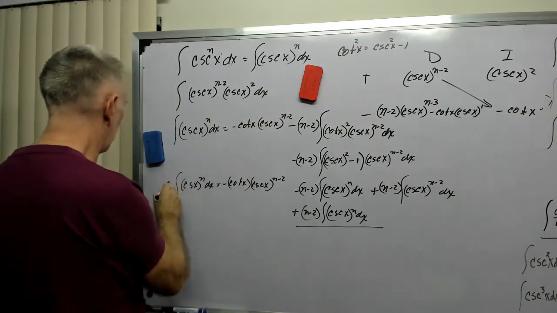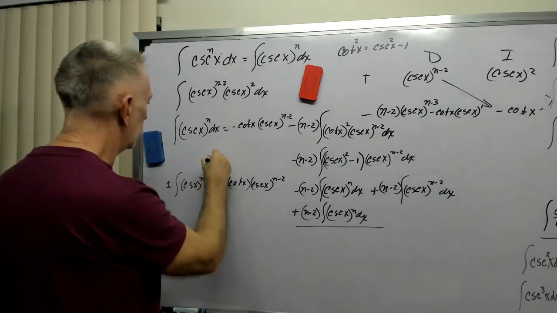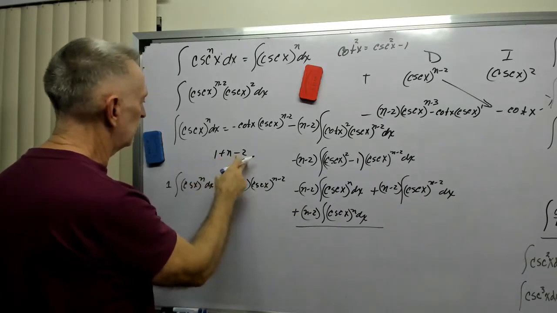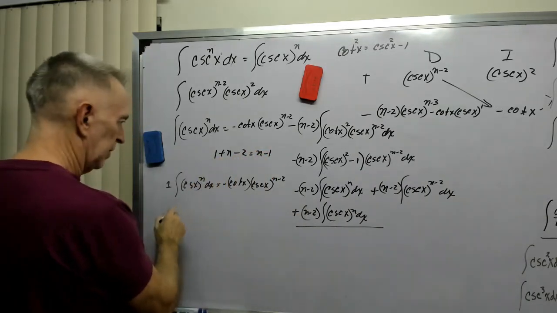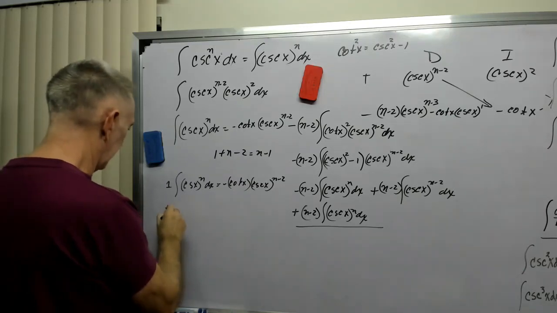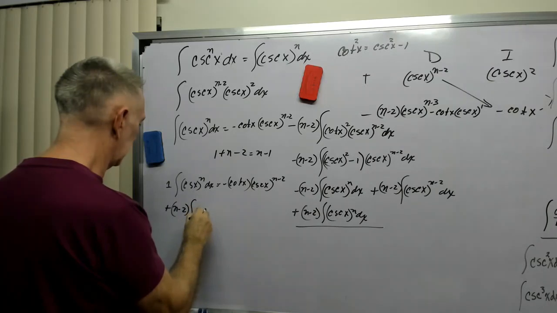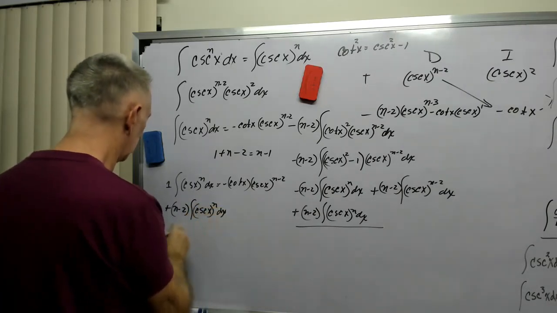So here I have one of them, right? So I have 1 plus n minus 2 gives me what? n minus 1. So let me go ahead and write it here. n minus 2 integral of cosecant x to the n dx.